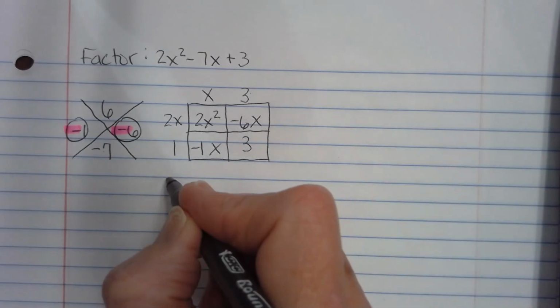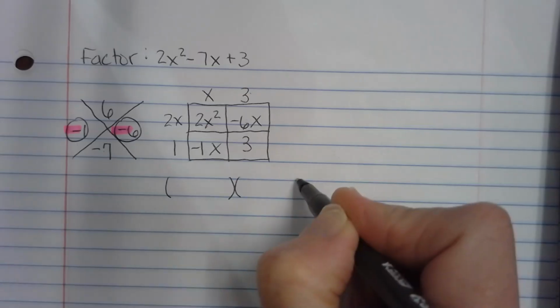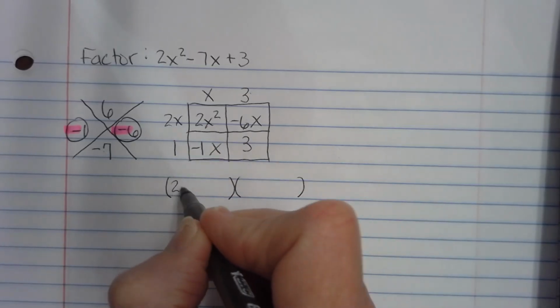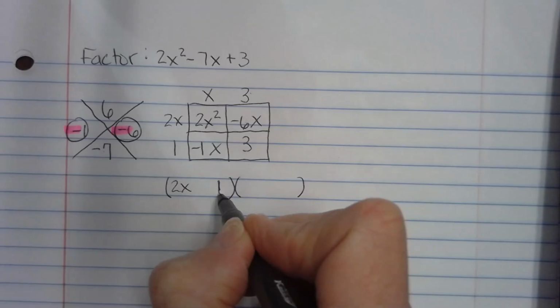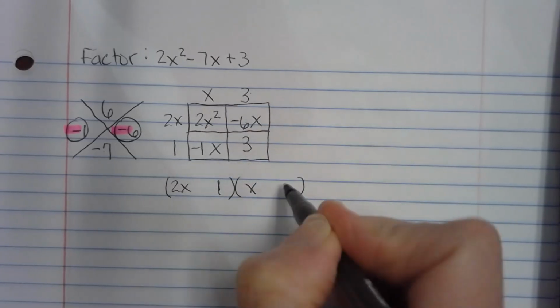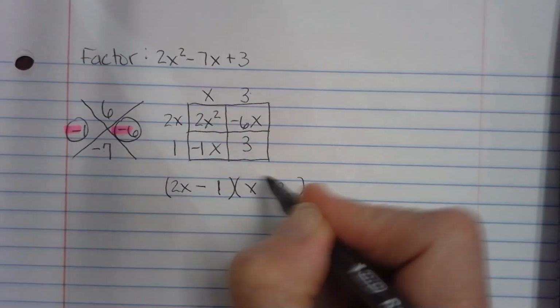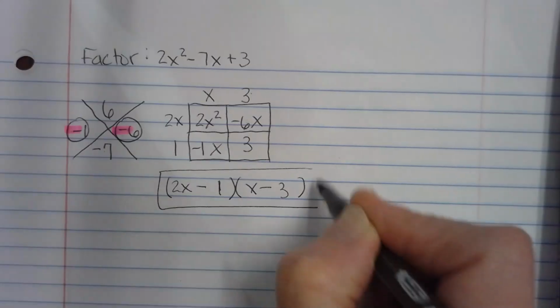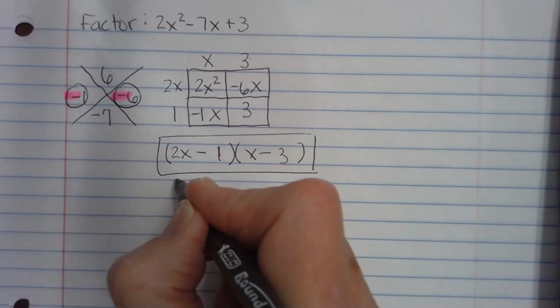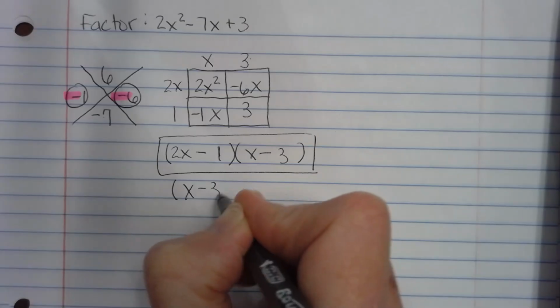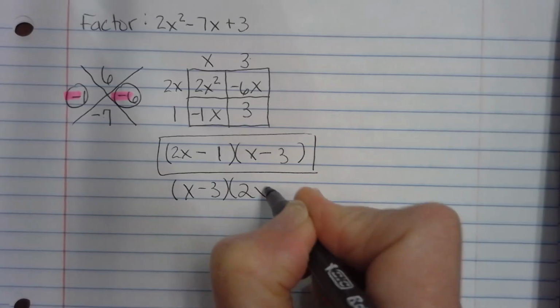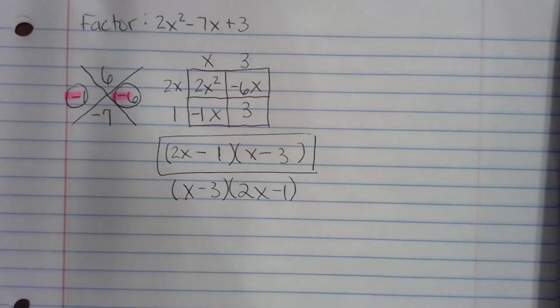So now my factored form is, set up two parentheses, I have 2x and 1 in one of the parentheses, I have an x and a 3 in the other. I look back, both my signs are negative, so I need minus signs. If you wrote it this way, x minus 3 and 2x minus 1, it's the same thing.